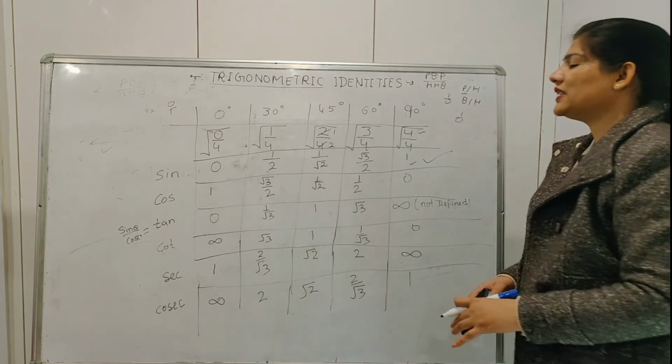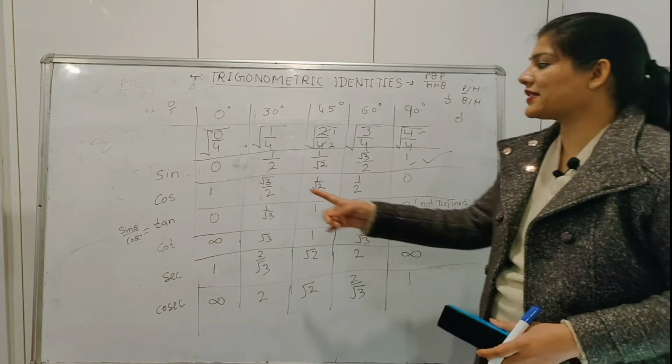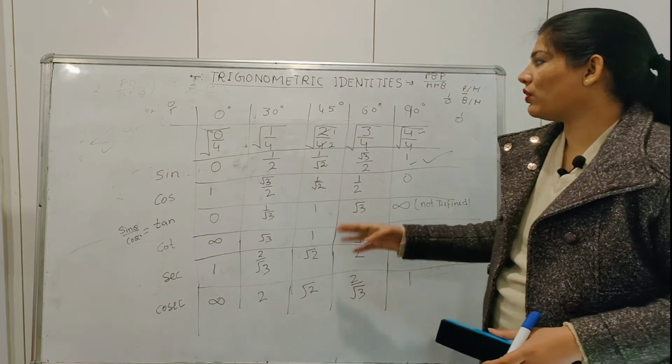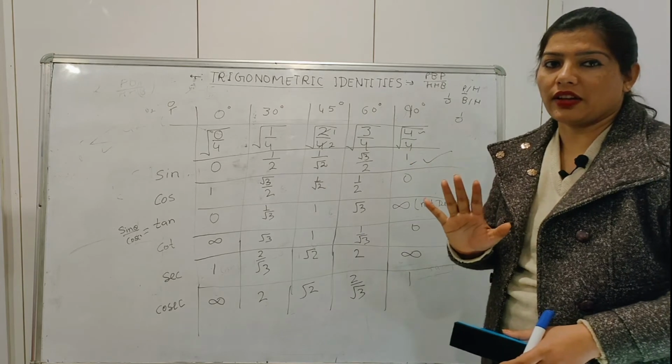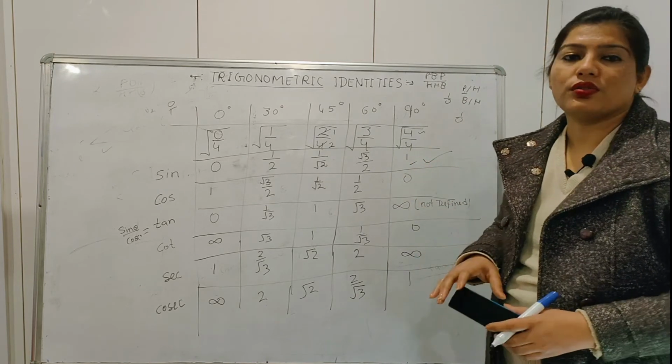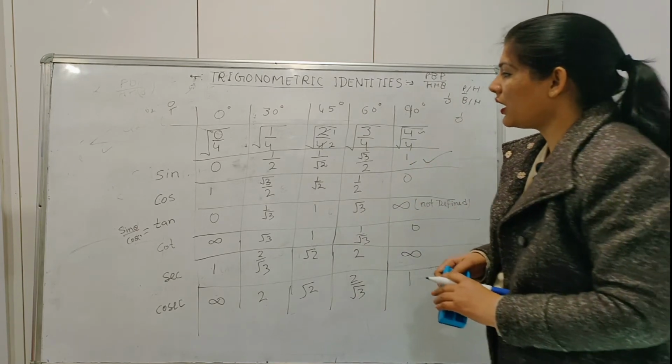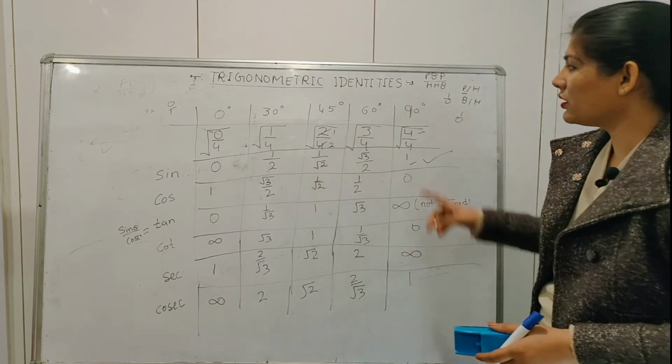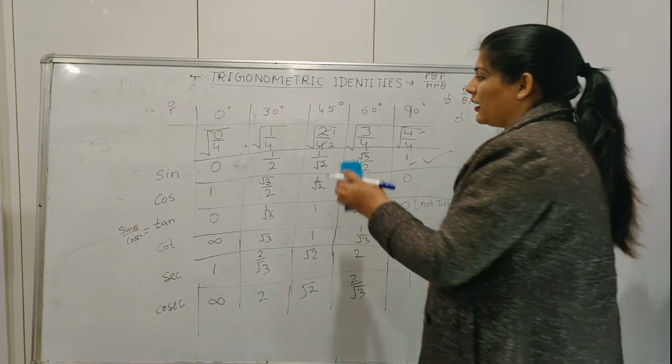So these are the values of the 6 trigonometric ratios for the given 5 standard angles, which are very useful to solve questions. Okay, so let's discuss some questions on these angles.